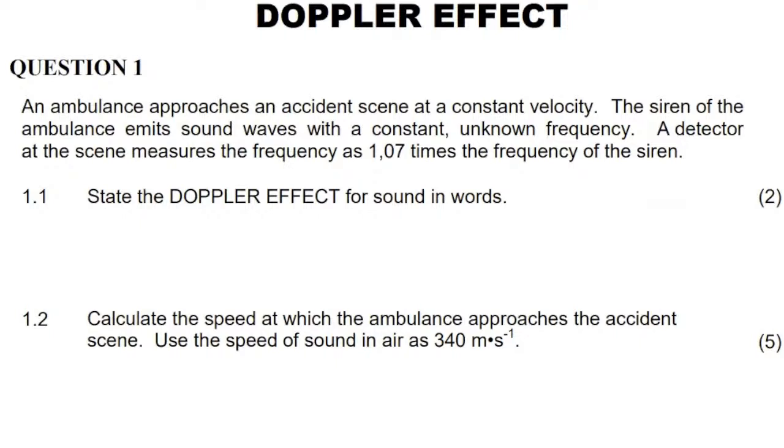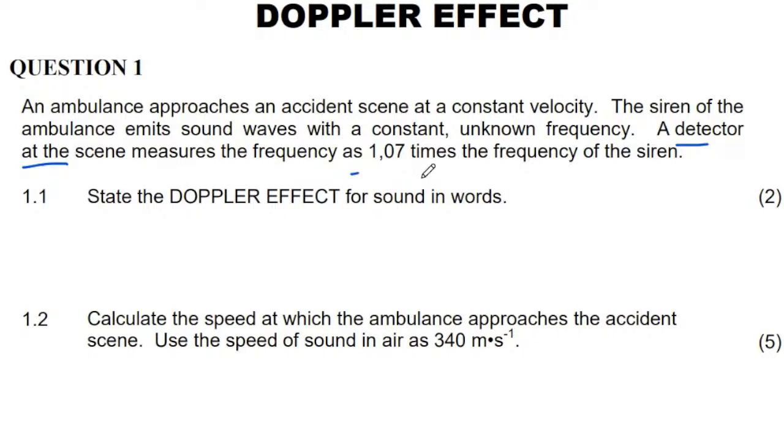The siren of the ambulance emits sound waves with a constant unknown frequency. Okay, it's getting serious. So a detector at the scene measures the frequency as 1.07 times the frequency of the siren.